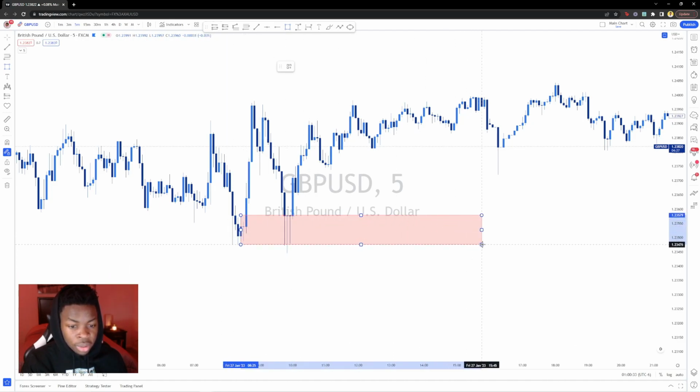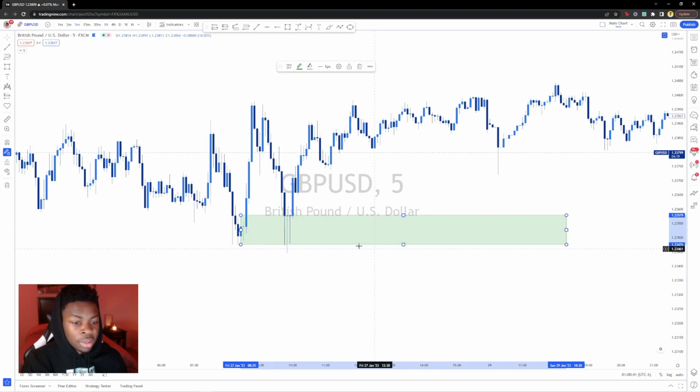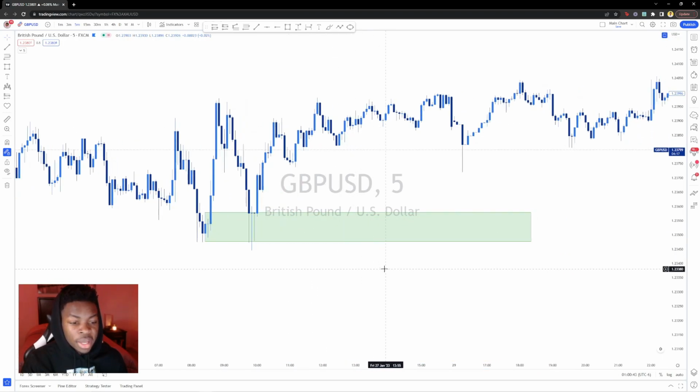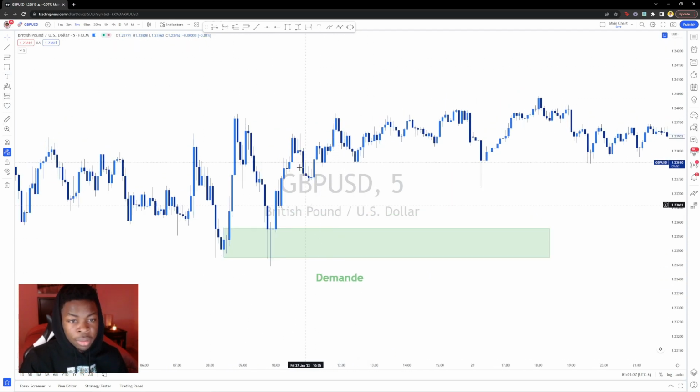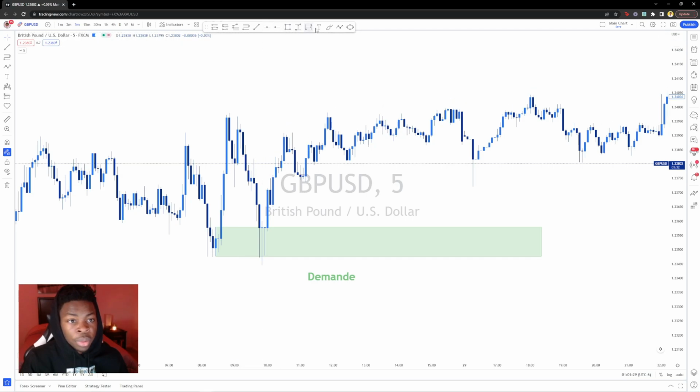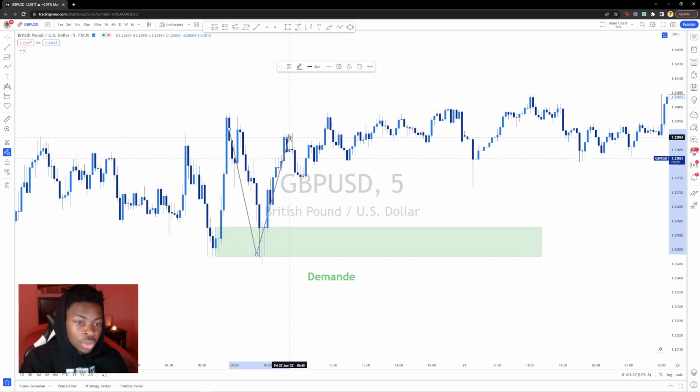Draw from the wick, and draw our demand box like that. And this is our demand zone right here. As you can see, the price came right back down to the demand zone, we got a couple of wicks, and then it pushed right back up.